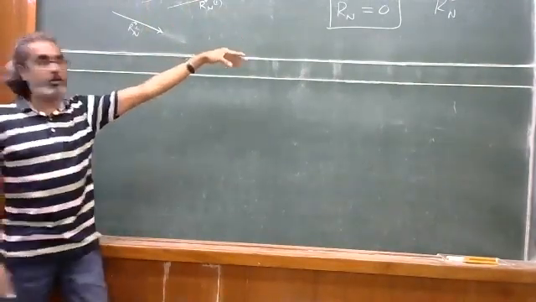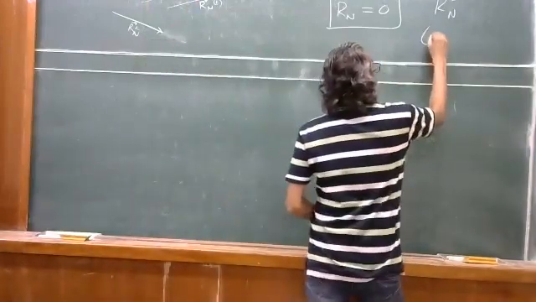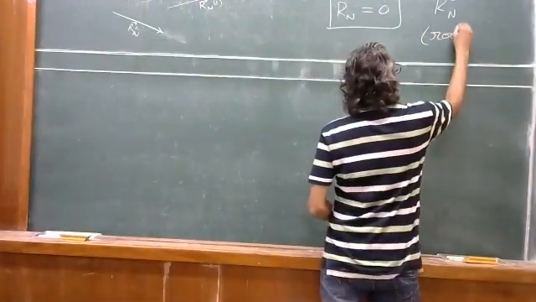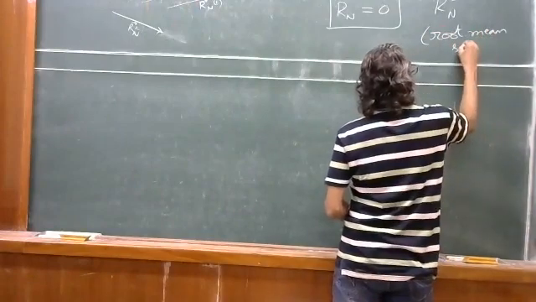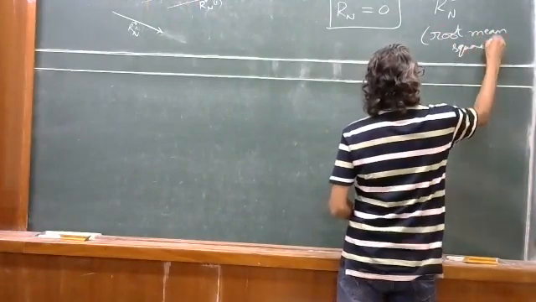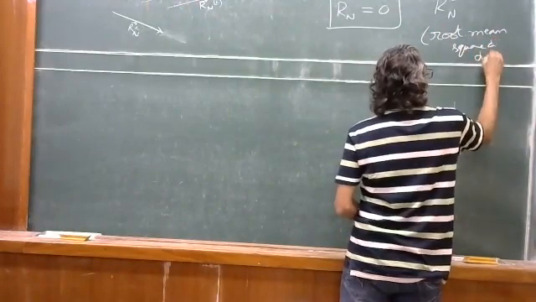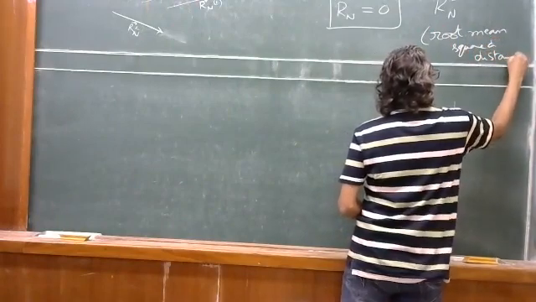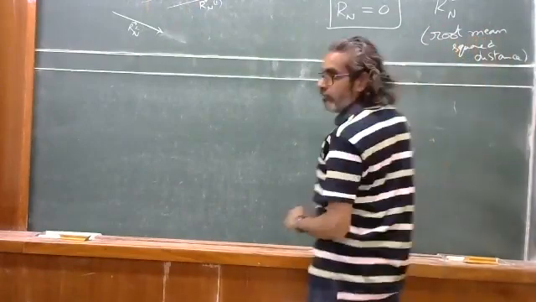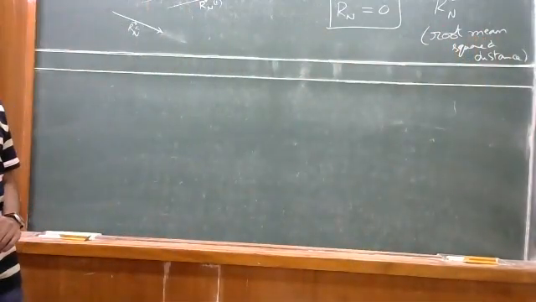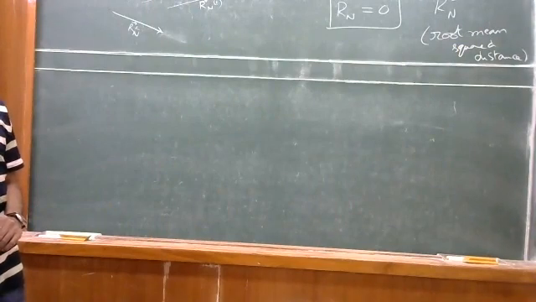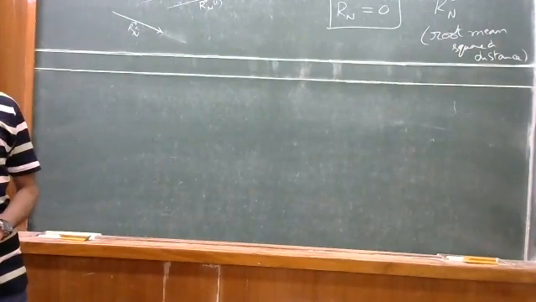This is called root mean square. The distance will be the root of this, the square root of the average of the squares.